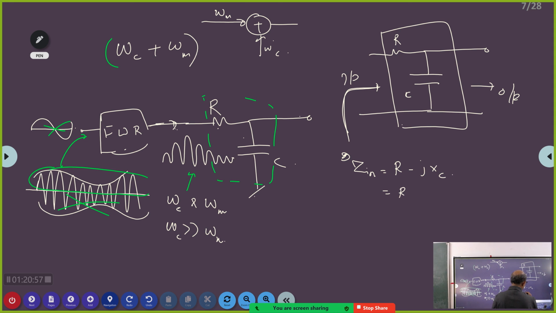Correct? All of you are with me or not? Right. So now, if you plot the impedance versus frequency, how will you get the plot?